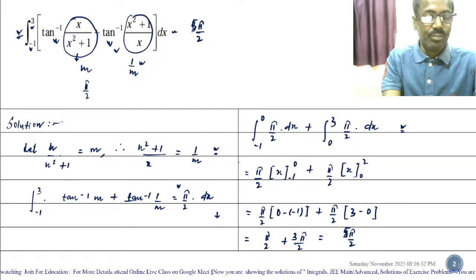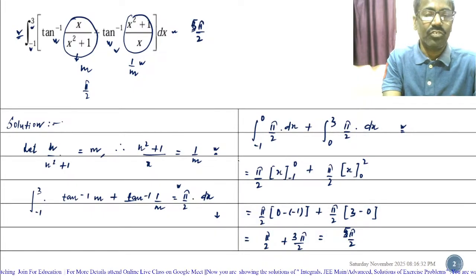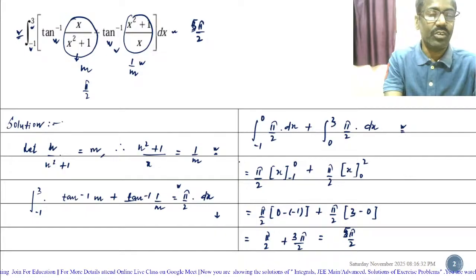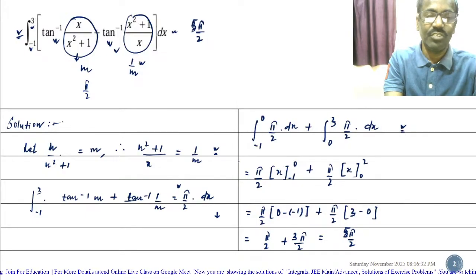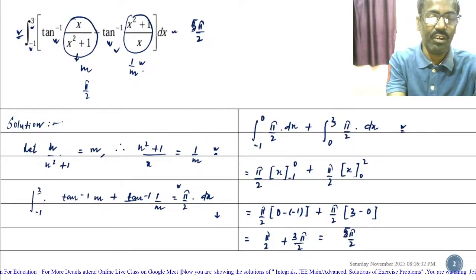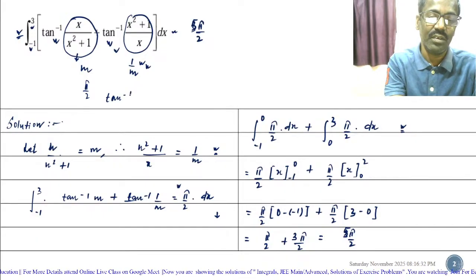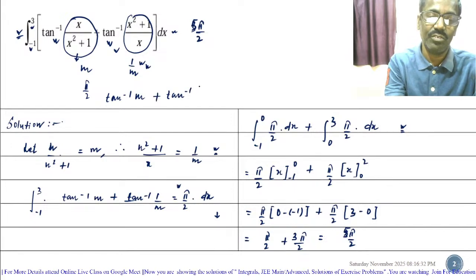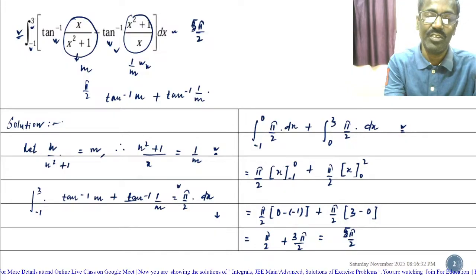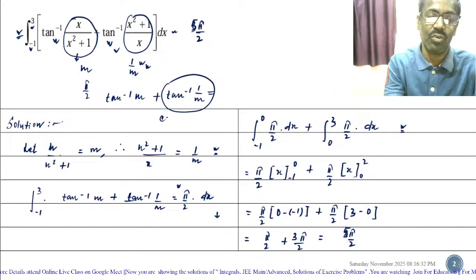Hope that there is no problem to understand the solution of this question. Once again, I am going to repeat. This is a tricky question. This is in the form of m and 1 by m. And already we know that tan inverse m plus tan inverse 1 by m is equal to cot inverse m.